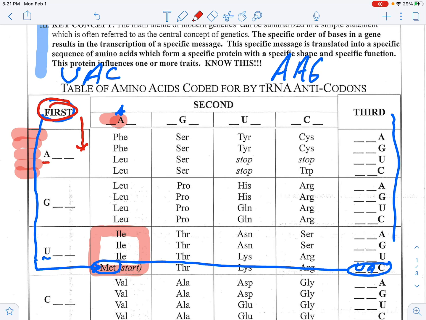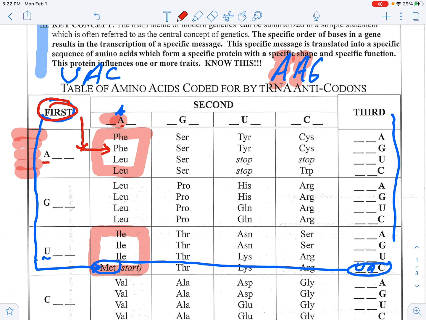Then that's where the second letter comes in. So I'm going to go right until I get underneath the second letter, which is an A. Based on this, we know that we are going to be somewhere in this box for the sequence AA, and then the G will tell us which of these 4 in the box is specifically being coded for.